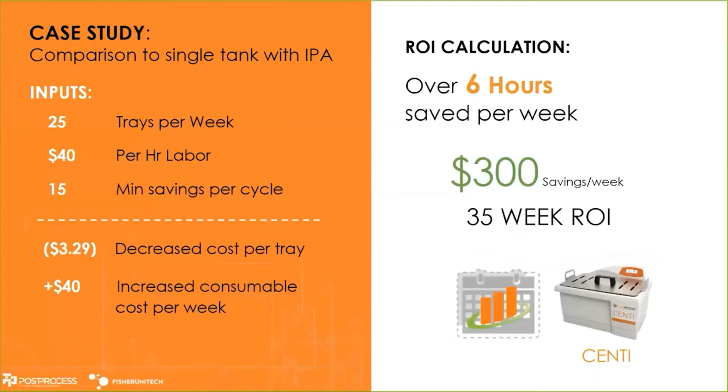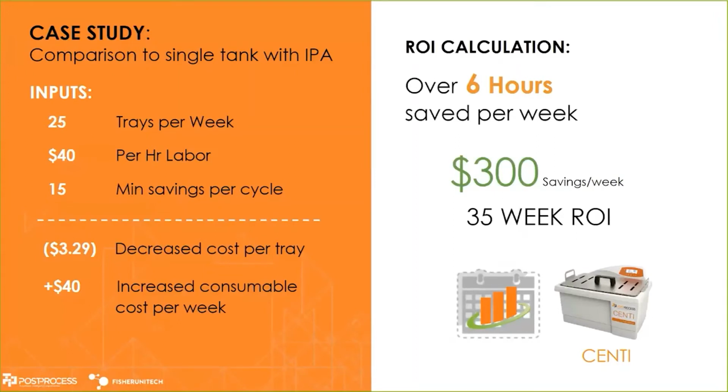So the first scenario that I'm going to walk you through today is our Senti in comparison to a single tank of IPA. This is going to be a lower volume application. So if you look into the inputs that we consider, at just 25 trays per week with a labor cost of $40 per hour, we can save the operator 15 minutes per cycle.